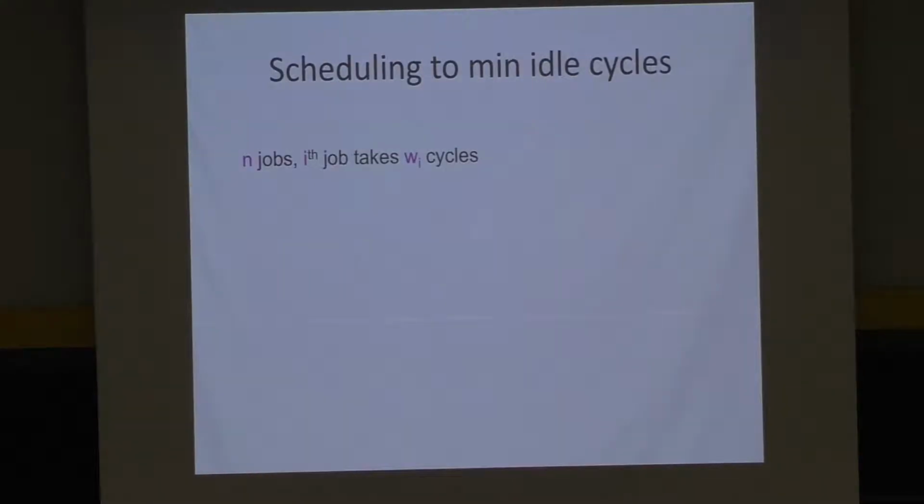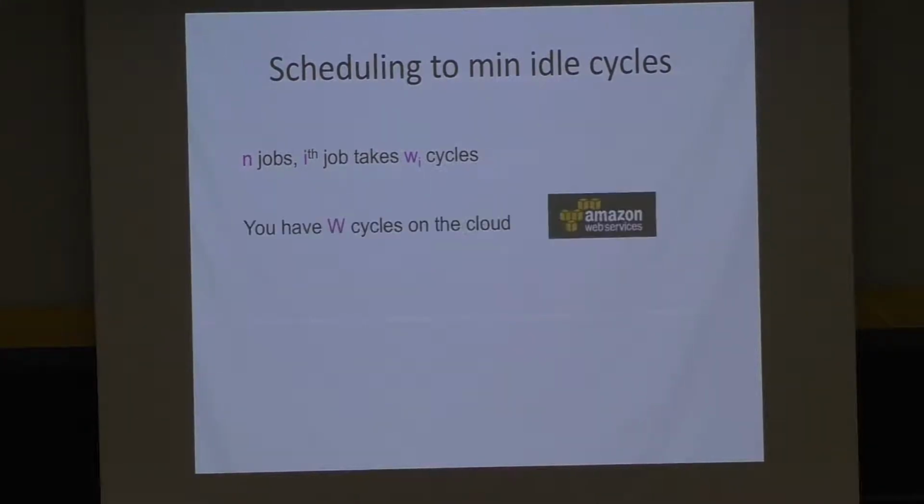Okay. All right, so we're going to look at a problem that in the literature is known as the subset sum problem, but here's a potential application. Let's say you have n jobs, and the ith job takes wi cycles. So you know how many cycles each job takes.